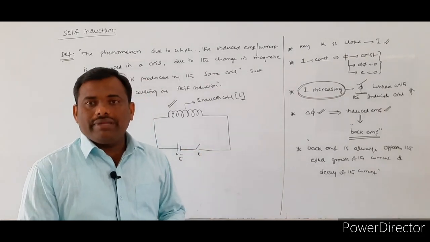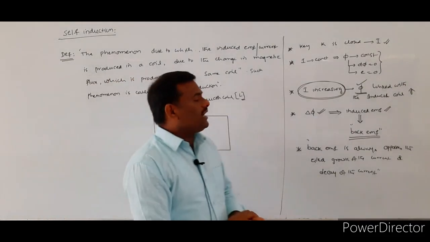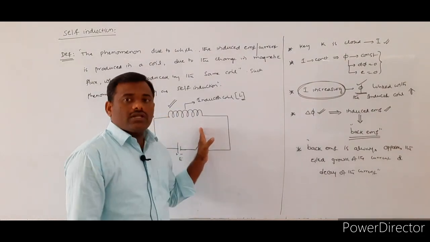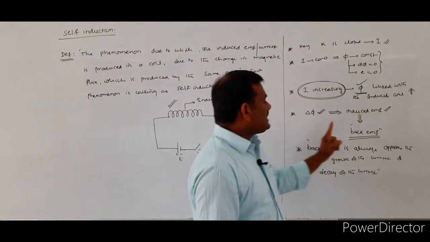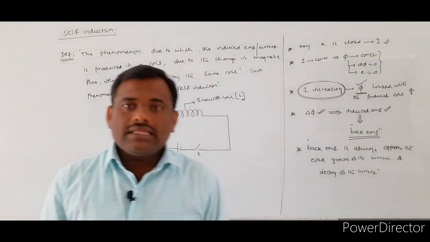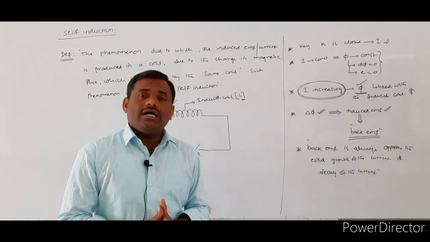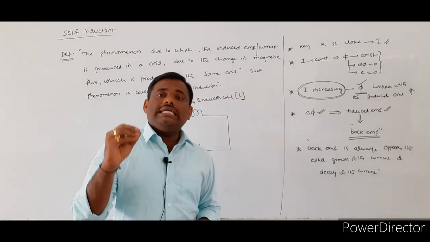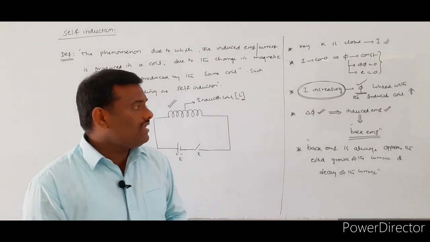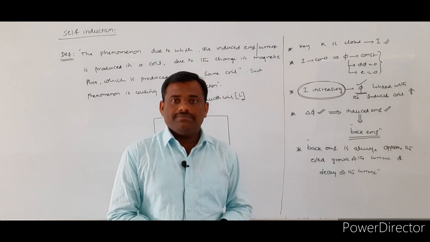Such a phenomenon we call self-induction. Whatever EMF is produced in the inductor coil is called back EMF. Why? Because the back EMF always acts in the opposite direction to the increase or decrease in current. That's why we call the induced EMF a back EMF. This is the introduction to self-induction.